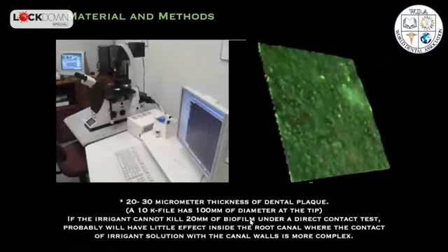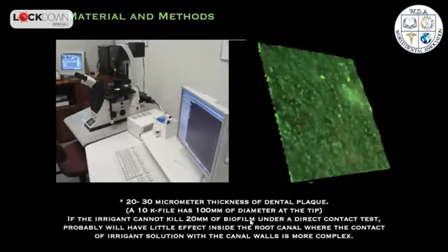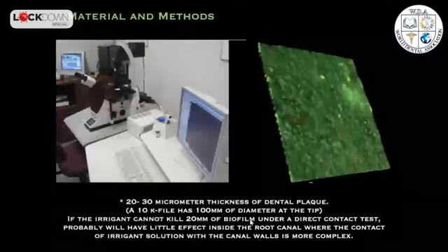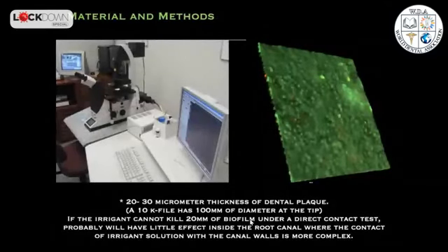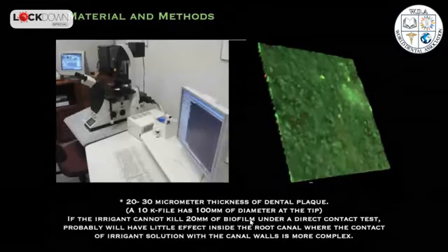You can see in green is all dental plaque covering the dentinal surface. As you know, a 10K file has a diameter at the tip of 100 micrometers. So this biofilm was less than half of the tip of a 10K file.